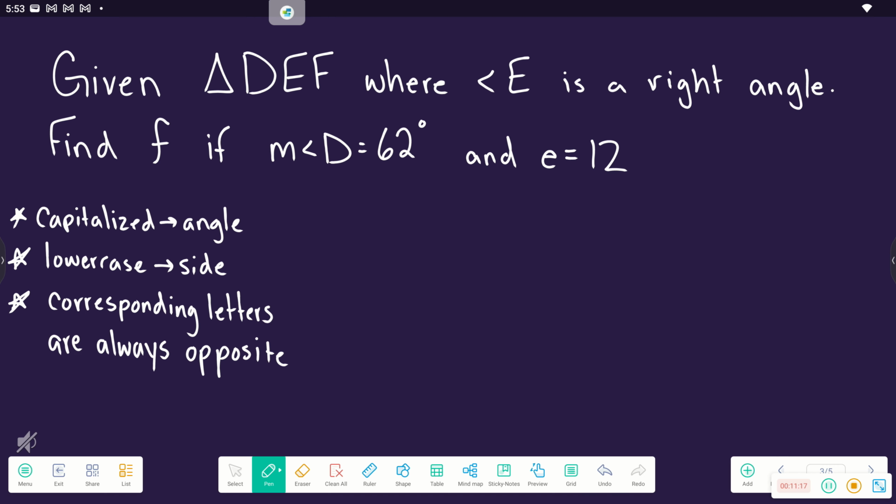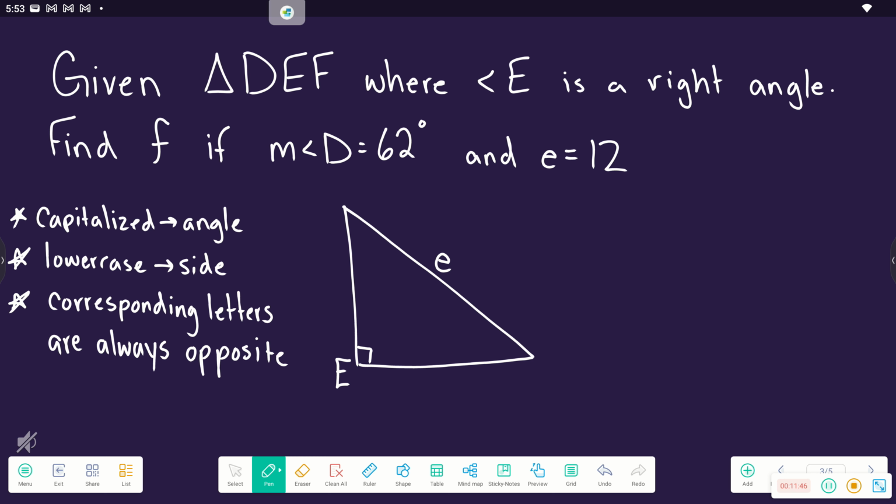What that means, I know I've got a right triangle. Here's my right angle. I know that my right angle is angle E. It's capitalized, so E has to go there. The side that is opposite is its corresponding side. So if capital E is here, I'm going to go opposite, and lowercase e is opposite of that angle.